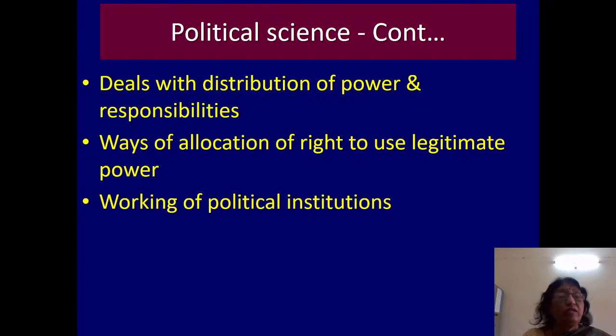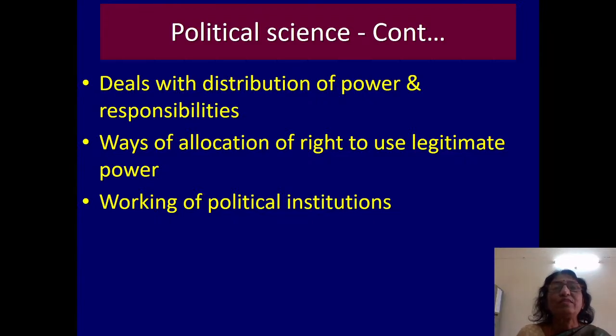Whenever there are elections, we are very curious to know who will get elected, because we want to know who will have power at the highest level, and their responsibilities. So we want to know whether they are going to take care of we the people of that country.